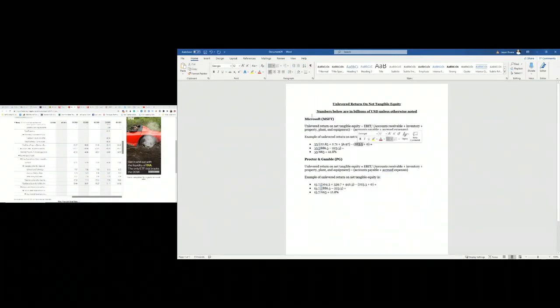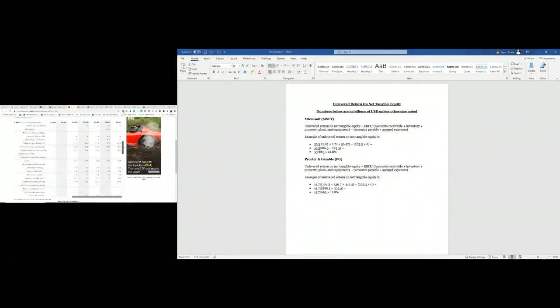Minus accounts payable, which is under liabilities. Again, you want the total number here: 14.89. And accrued expenses.